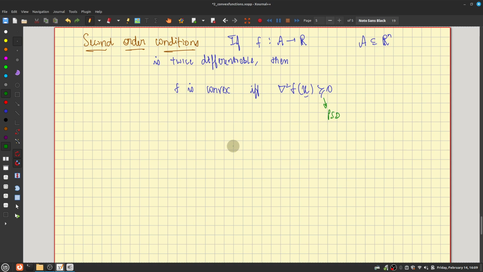What does this translate to? So let's restrict ourselves to functions on the real line. Then f is convex if and only if the second derivative is greater than or equal to 0 at all points.